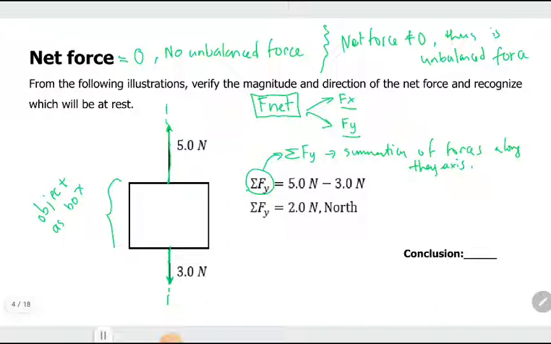When we say summation, you need to add the forces. So the direction of the forces matters. So it is 5 Newton. By the way, N means Newton. Newton is our unit for force.